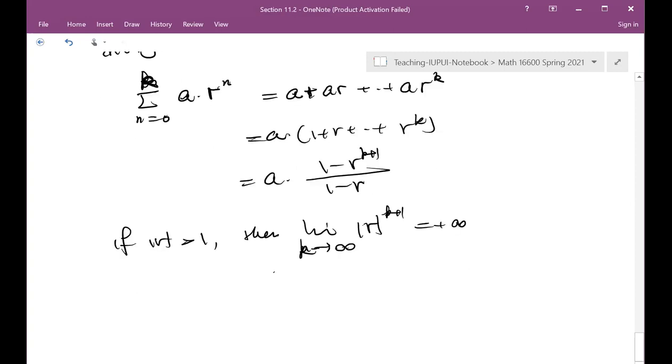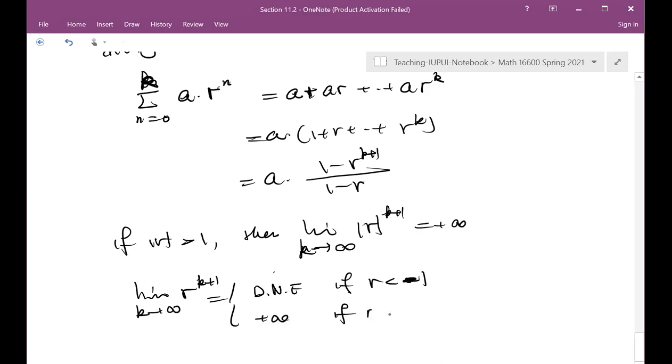However, if r is negative, the limit of k to this one is not going to be a finite number, it does not exist. More precisely, if r is less than negative 1, the limit does not exist, and this is going to be positive infinity if r is greater than 1.